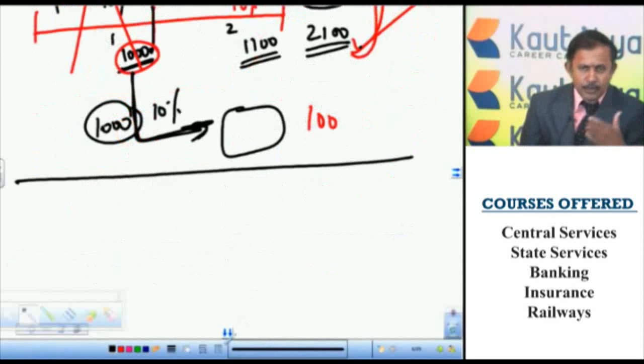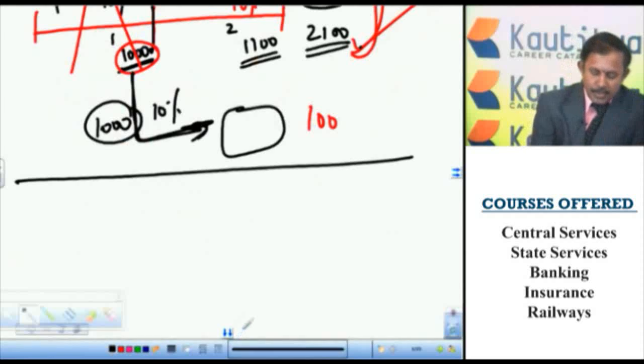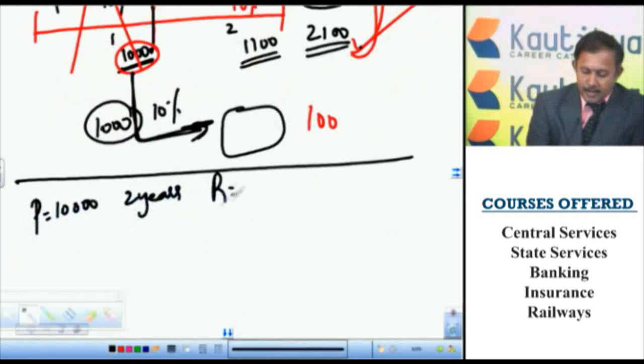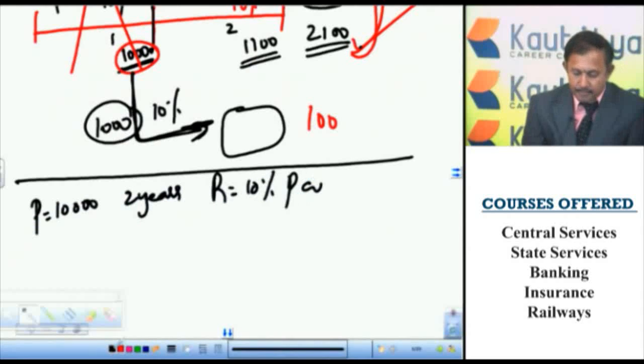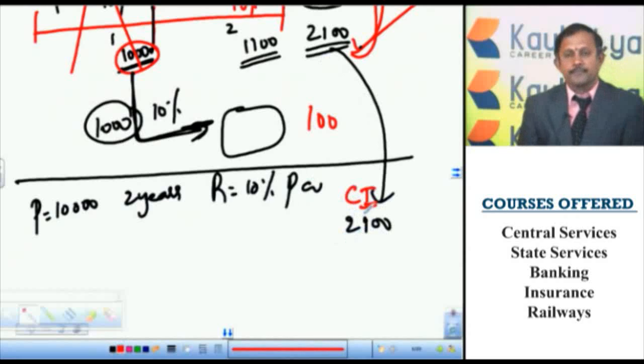And coming to the concept of compound interest, in the previous example, we took the principal as 10,000, the time period as 2 years, and the rate of interest as 10% per annum. So what we observed is that 2100 rupees can be obtained as compound interest at the end of 2 years.